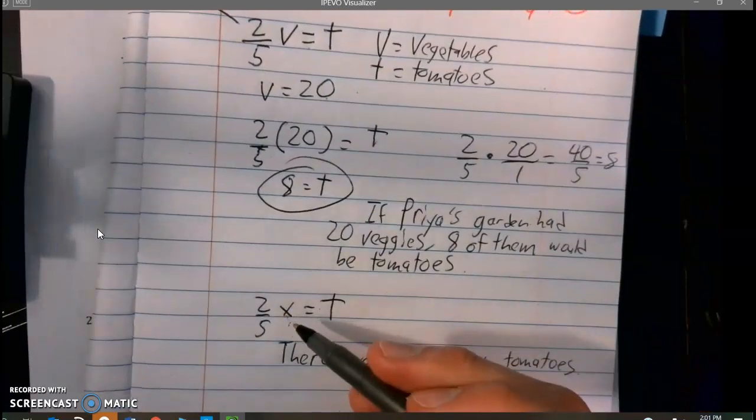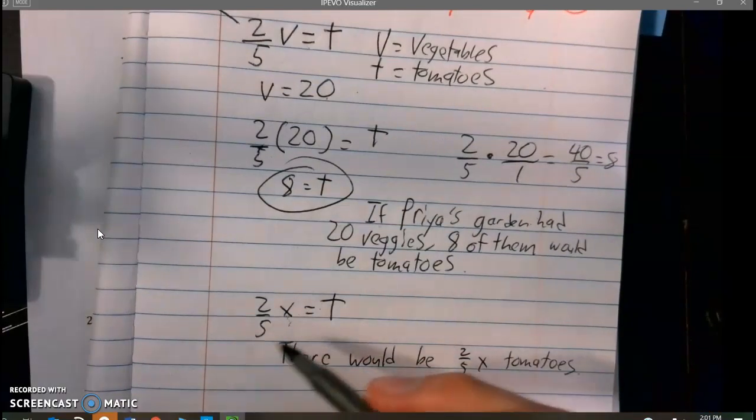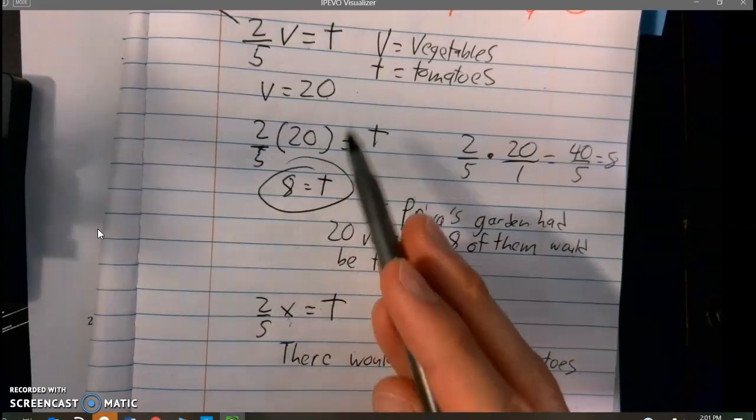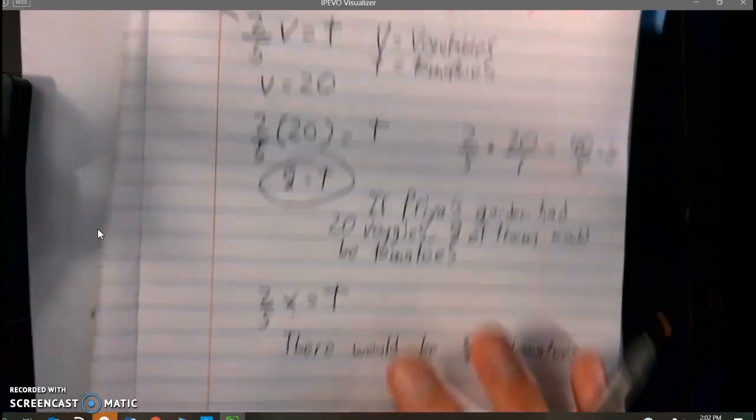Here they just were replacing the variable with another variable with no number. So this problem was really just more so trying to get you to write that equation down again. You can't actually solve this one if they don't give you an actual value for your variable. You're just left with this expression, 2/5 X.